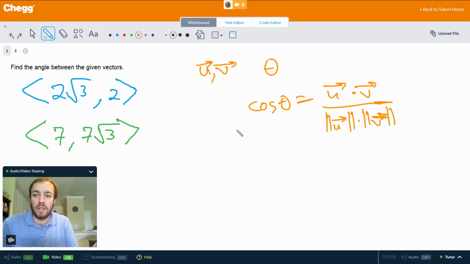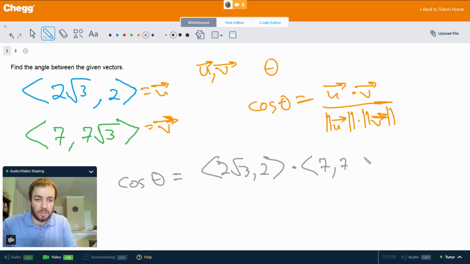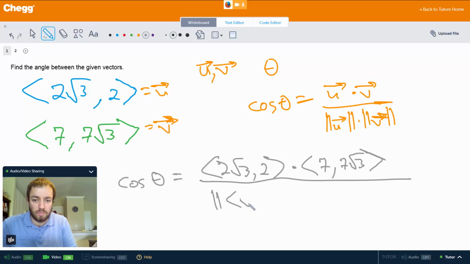Okay? So let's see. Now, here, let's call this our u, and this will be our v. So what we're going to have then is the cosine of our theta is going to be the dot product of 2 root 3 comma 2 with 7 comma 7 root 3, and then we're going to divide that by the magnitude of u multiplied by the magnitude of v.